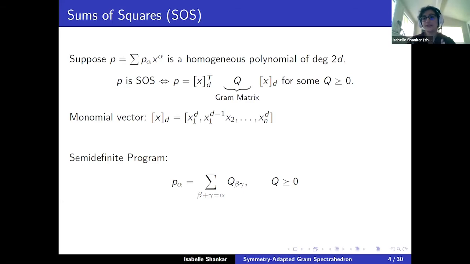You have the positive semi-definite cone, and you intersect that with an affine subspace. That gives you what's called a spectrahedron. In this case, the feasible region of the sums of squares program is called the Gram spectrahedron.